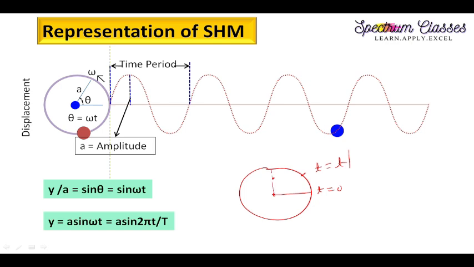So I draw this and now I draw this. This is the radius of this circle, and this is again radius of the circle. But if I just see up to this point, this is y. This is the displacement. y maximum is equal to A.